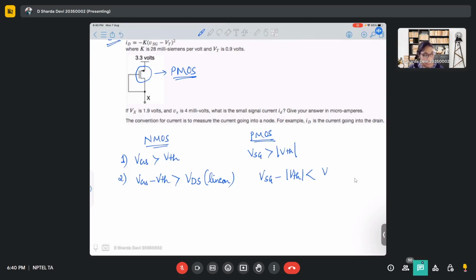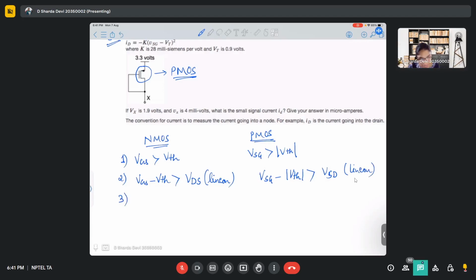Similarly, for the PMOS case, VSG minus mod of VTH is greater than VSD. In case of PMOS, then it is linear.